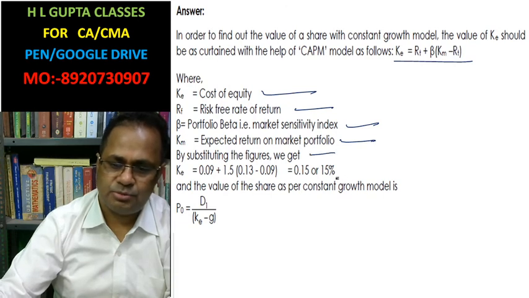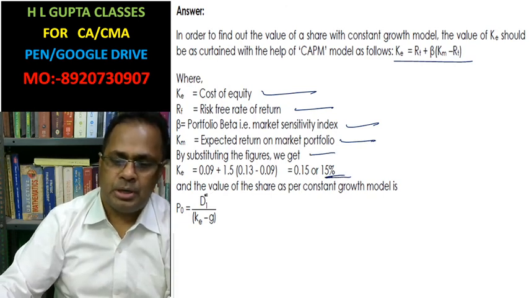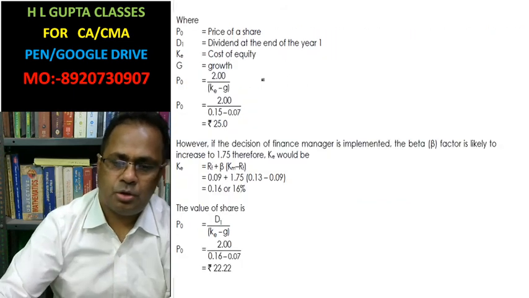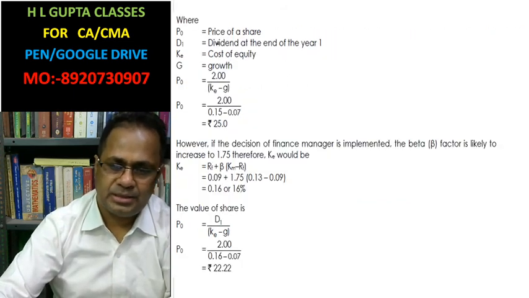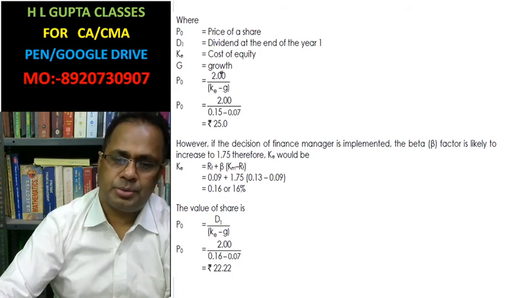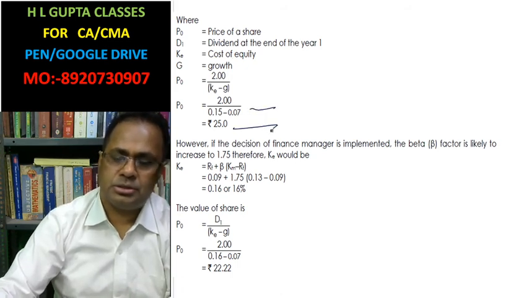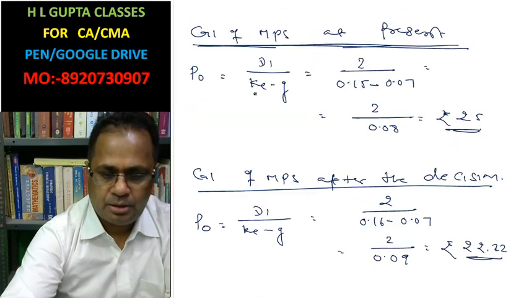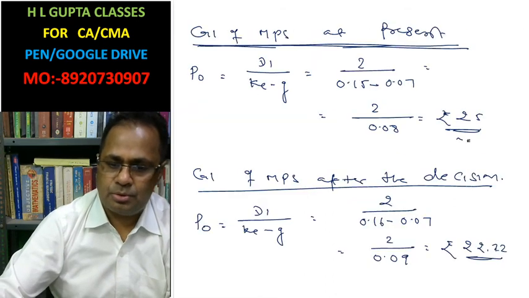By substituting, you get 15%. Now the value as per the model, on the basis of price, dividend, cost of equity and growth rate, is 25 rupees.